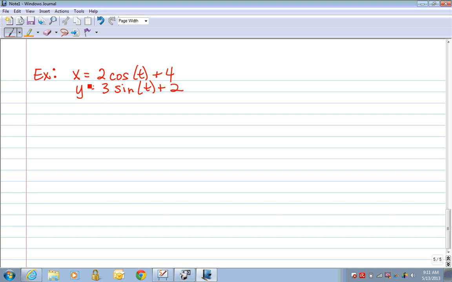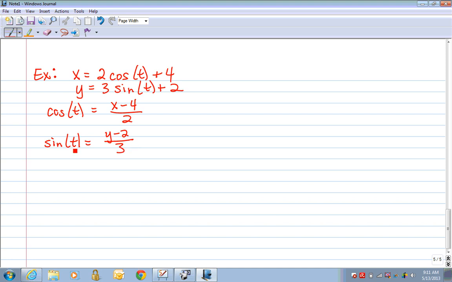cosine and sine. So if I was solving the first one for cosine of t, then I would need to subtract 4 from the x and then divide by 2. So I'm going to go ahead and do all that in a quick way. Sine of t will be subtracting 2 from the y and then dividing by 3.